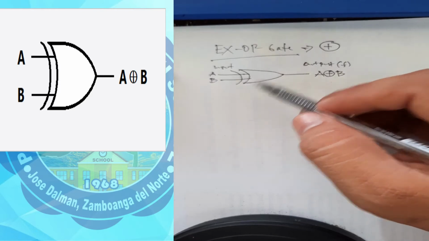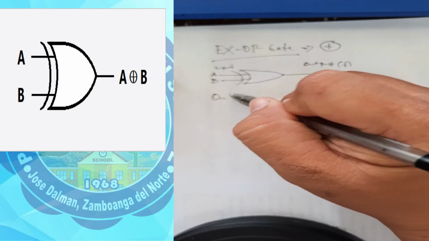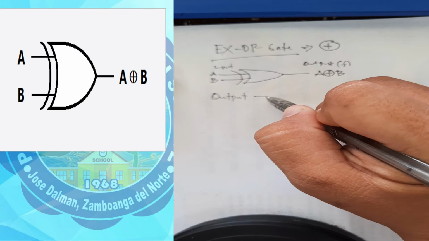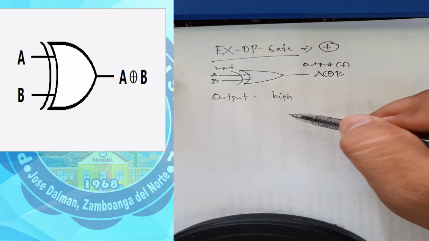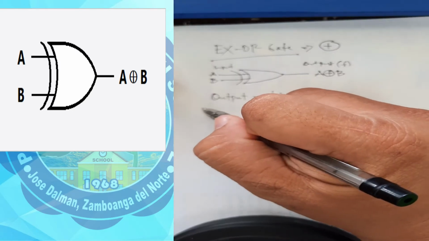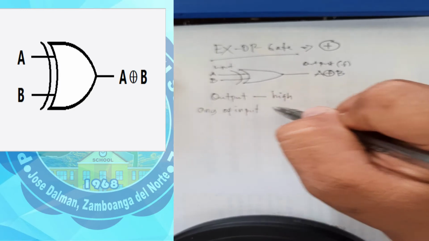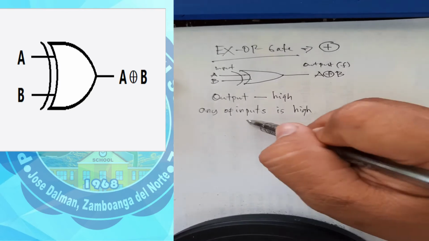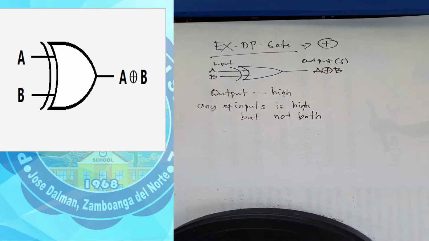Anong sabi ni XOR gate? According to XOR gate, magbibigay lamang siya ng output that is high if any of the inputs is high but not both.